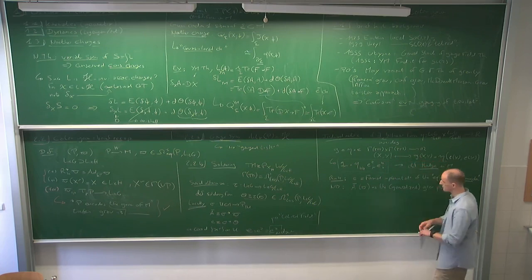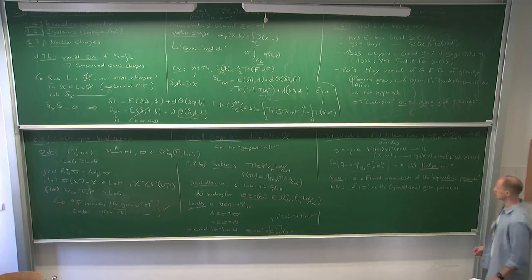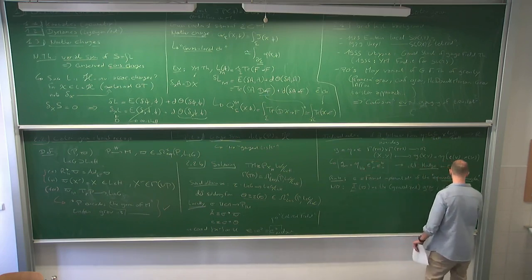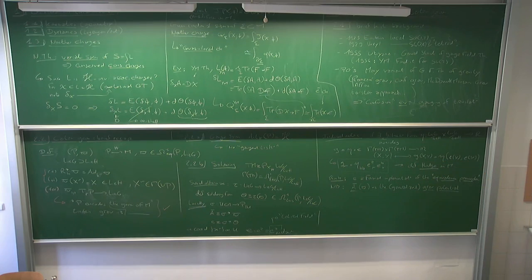So in the same way that in Yang-Mills theory the connection was the Yang-Mills potential, the Cartan connection is the gravitational potential, or in other words, the gravitational degrees of freedom.